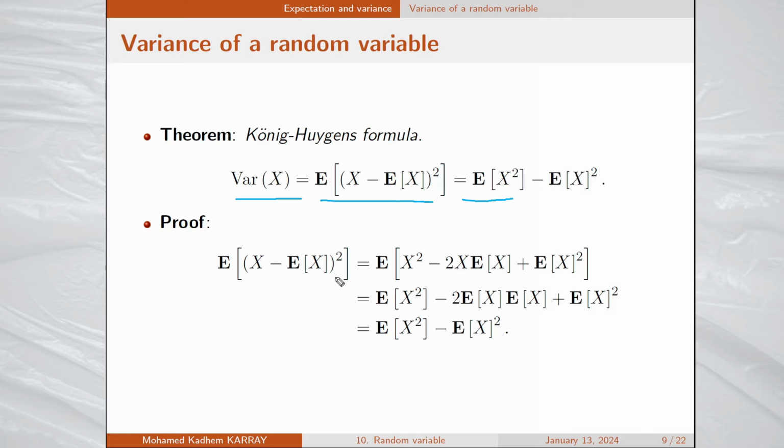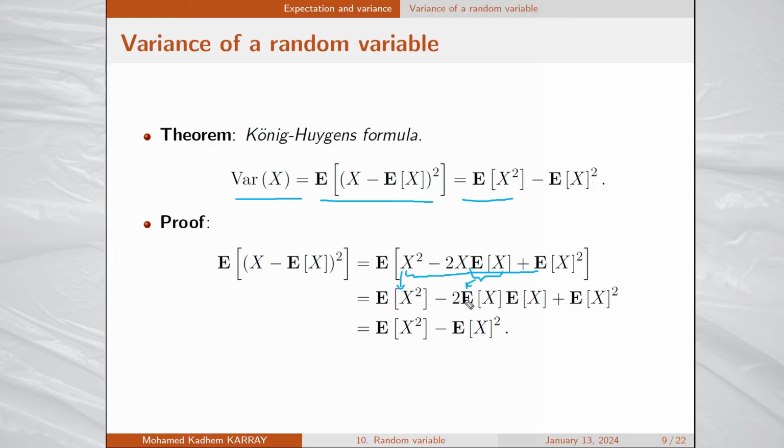Let's now prove this formula. We calculate the expectation of the difference here squared, which is the expectation of this term here. We develop this difference squared by the famous known formula. Now we decompose this expectation using linearity, so we get the expectation of x squared, then the expectation of this product, which gives the expectation of x multiplied by this constant, the expectation of x, and finally the expectation of a constant is itself.